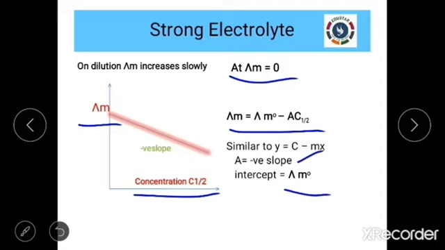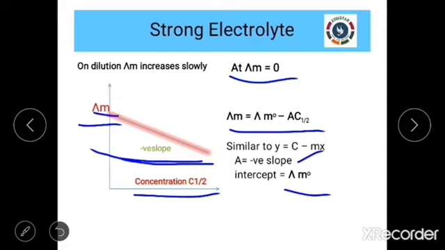So consider here in the graph, on increasing the dilution, the concentration gets decreased. So on increasing dilution, I am going in this manner. At one point, the molar conductivity will become 0.